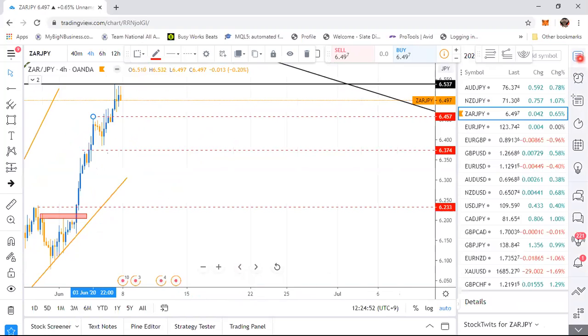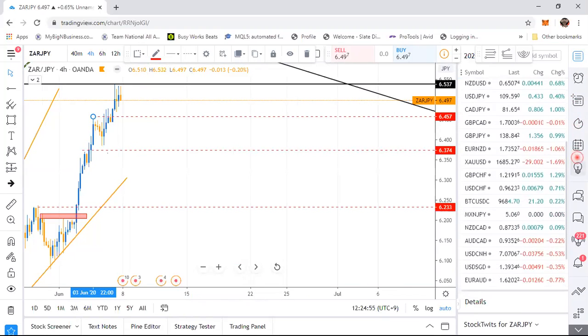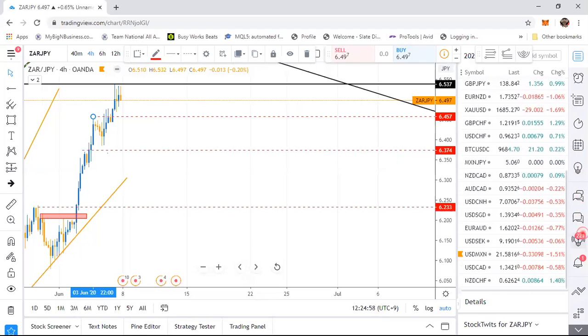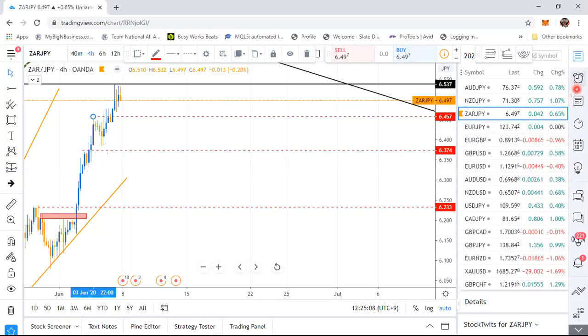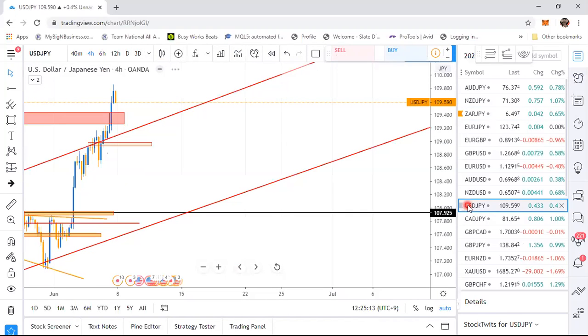Let's see, other pair I'm watching. Actually, revisit dollar yen because we talked about that last week.